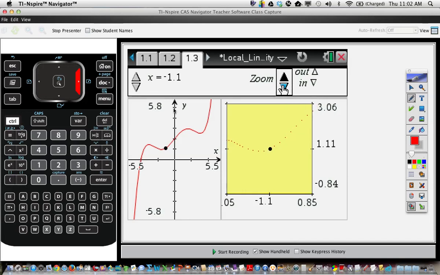This goes slowly, but we'll watch it go. As we zoom in you can see that the x and y values are changing and getting smaller. We're zooming in at this point, and eventually we can see it's getting kind of straight here.